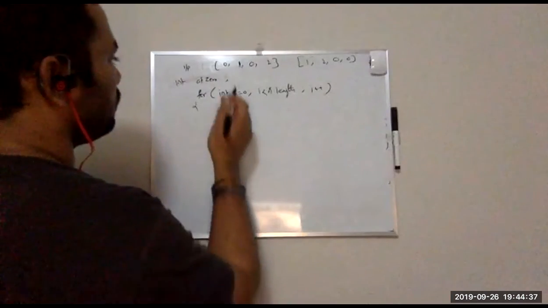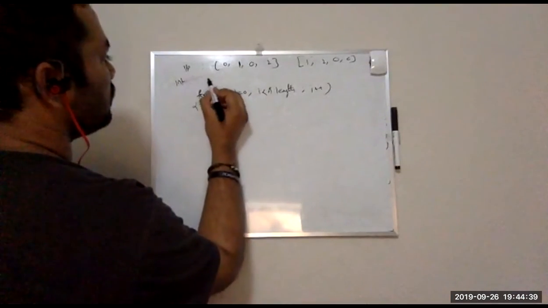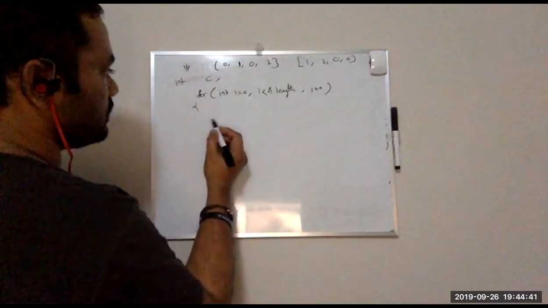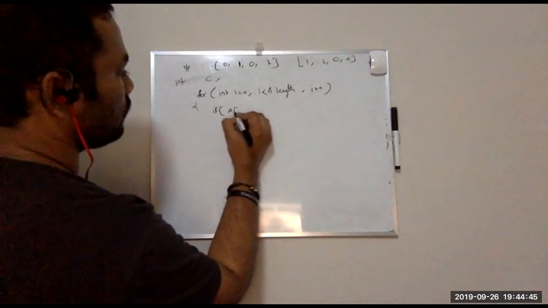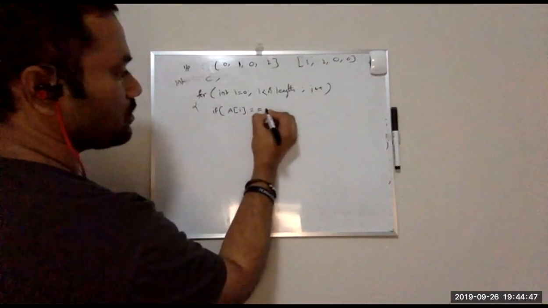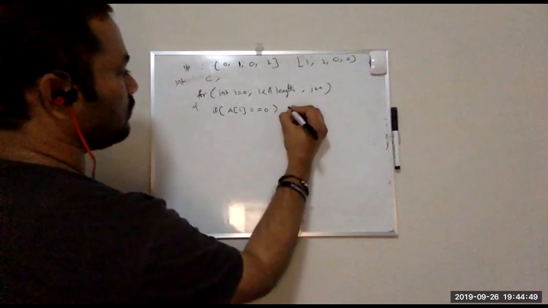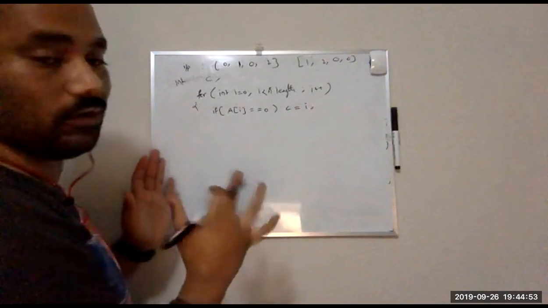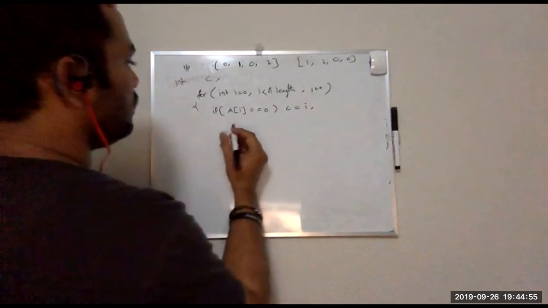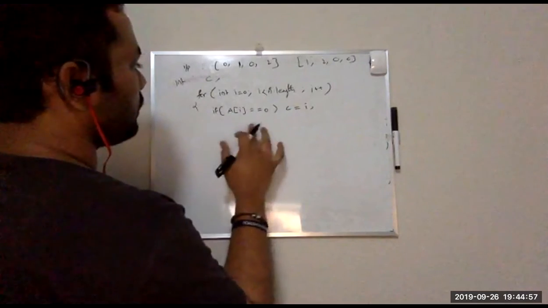Then we check if a of I is equal to 0, then we assign it to I. We found our first 0 value. Now we increment I.